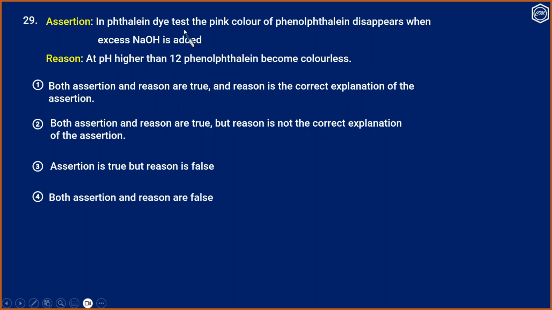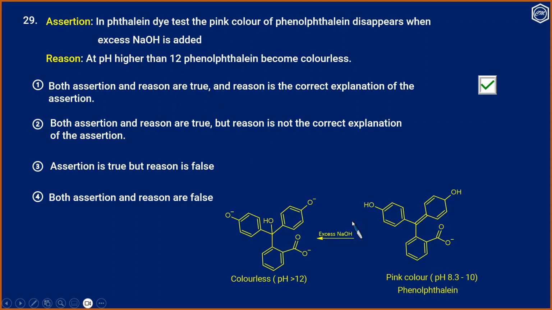And therefore the assertion is true. And the reason is, at pH higher than 12, phenolphthalein becomes colorless. So option 1 is the correct answer. When you add excess sodium hydroxide, the pH increases so that pH is greater than 12. Phenolphthalein shows pink color in the pH range of 8.3 to 10.